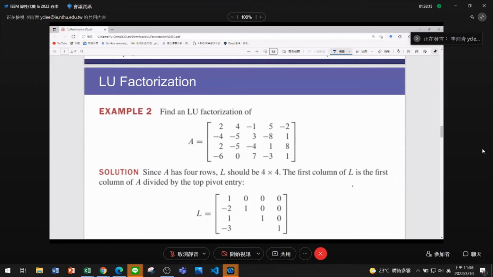And I already know that U is the echelon form obtained from the Gaussian elimination.